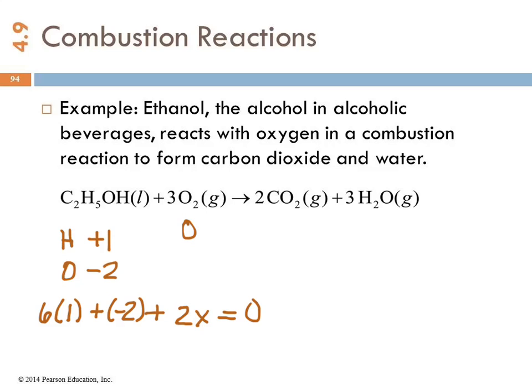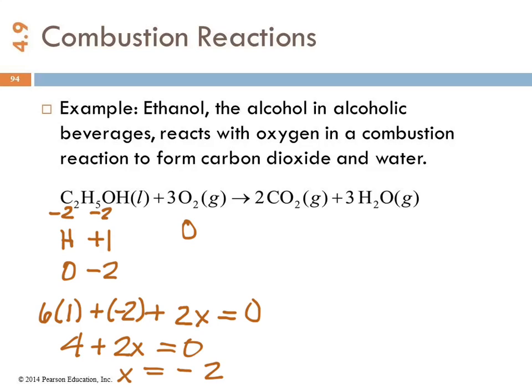So we have 6 minus 2, that would be plus 4, right? 4 plus 2x equals 0. X must equal negative 2. Right? So in here, I'll just write them down there, minus 2.